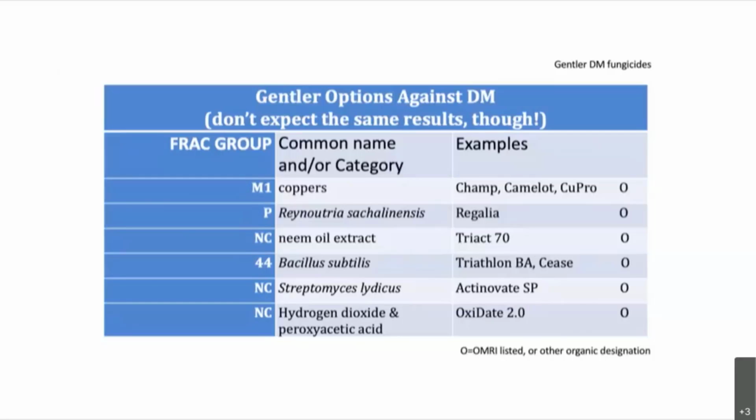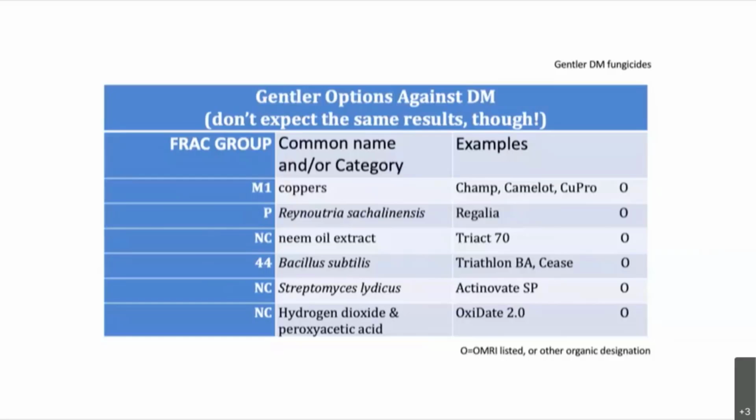Thinking back to all the different downy mildews, I'll show you a longer list that's not so specific to Impatiens. There are a number of materials that are labeled for downy mildew that are organic, but I don't want you to rely on them unless you absolutely have to, because they have much weaker control against the downy mildew.